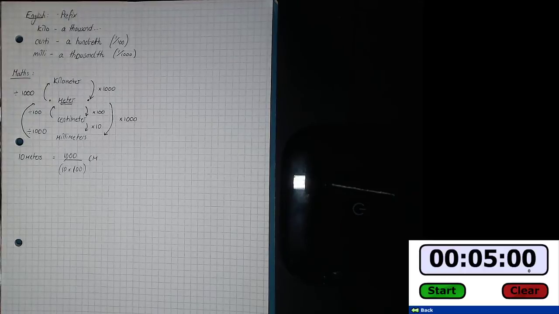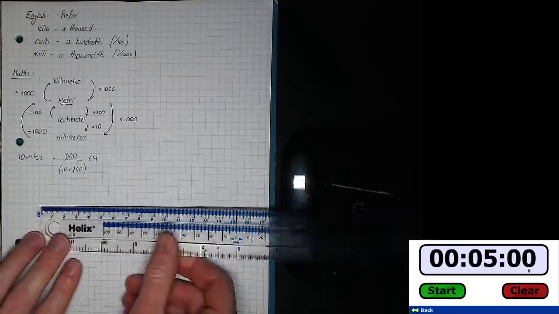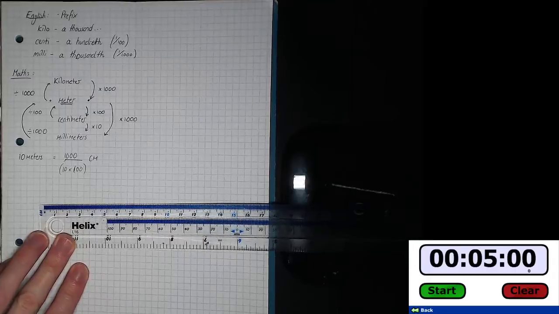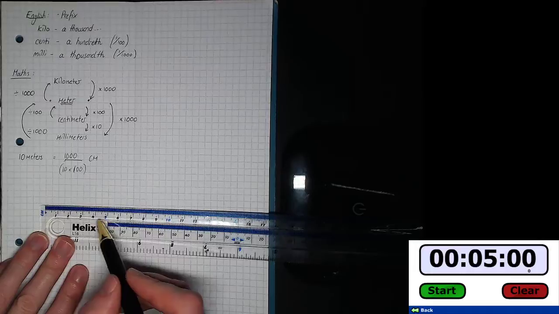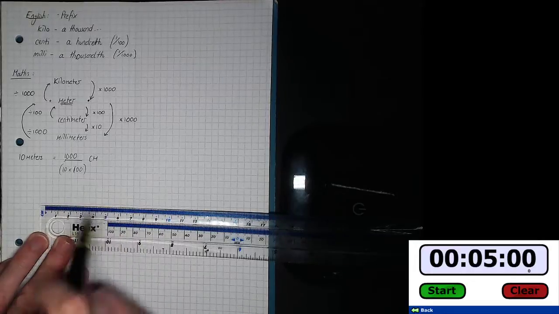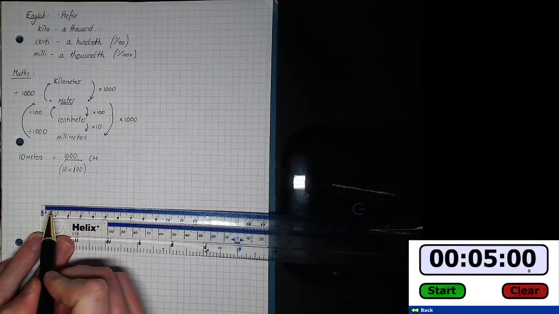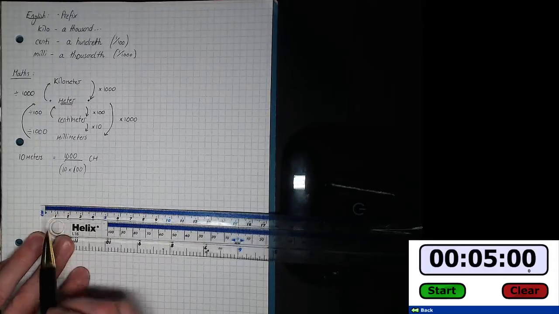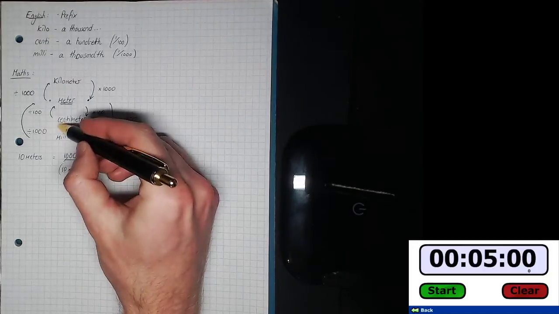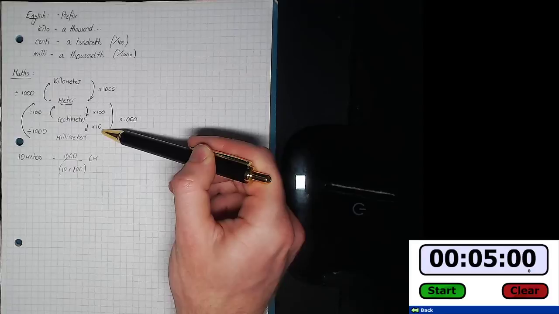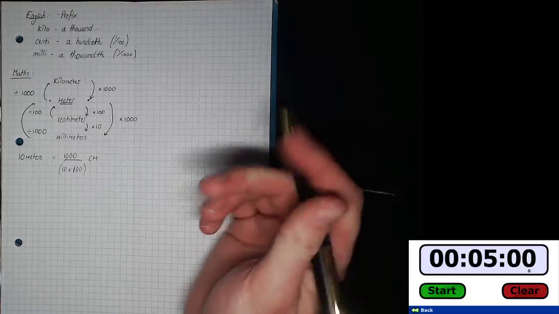If we look on a standard ruler, we have our centimetres, 1, 2, 3, 4, 5, and so on. The little divisions are our millimetres, and there are 10 of those to make up 1 centimetre. We could obviously do the reverse by doing the opposite of timesing by 10, which is to divide by 10.